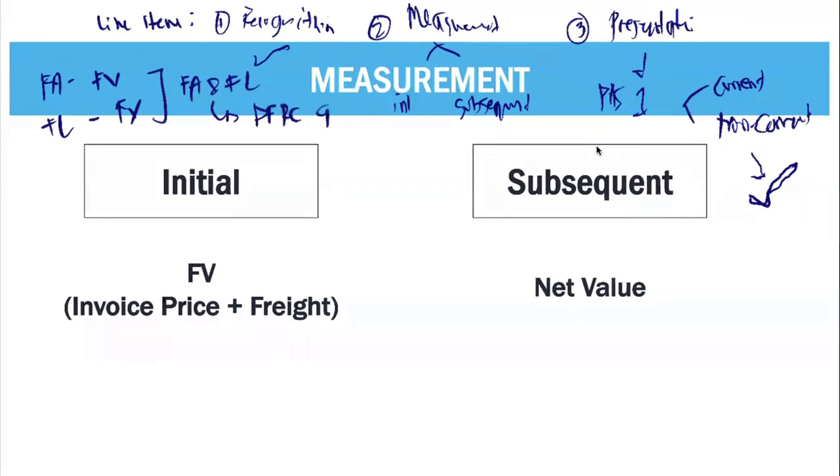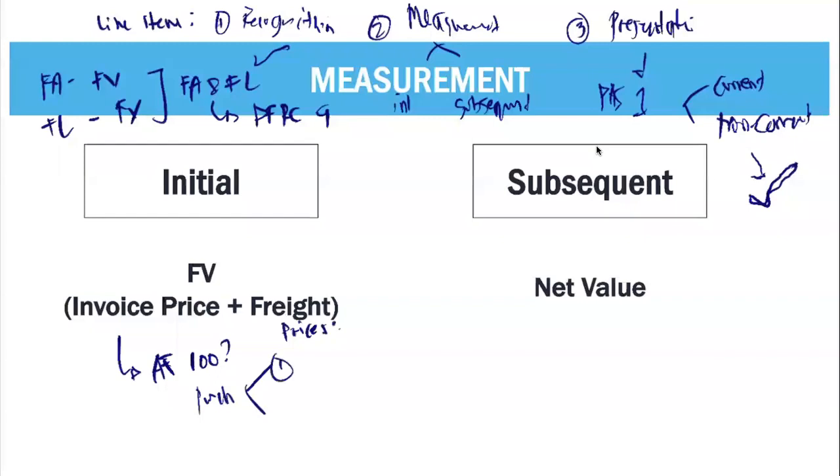So initially, it is measured at fair value. How do we measure your fair value? Generally, it is your invoice price plus freight. Do you still remember what an invoice price is? Do you still remember your AE 100 regarding invoice price? If ever you are into purchase, you are placed into two types of prices.